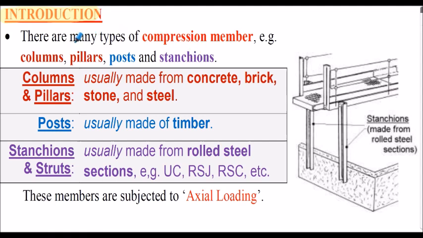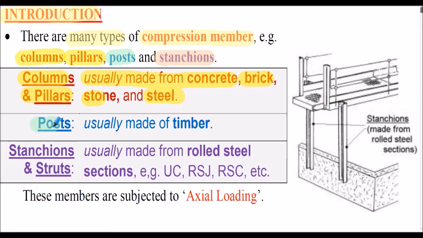There are many types of compression member. For example, columns in pillars, posts, and stanchions. Columns in pillars are usually made from concrete or brick, stone, and steel.